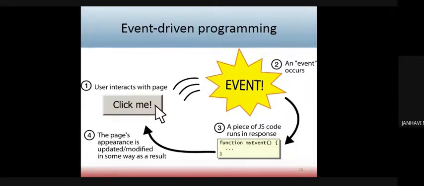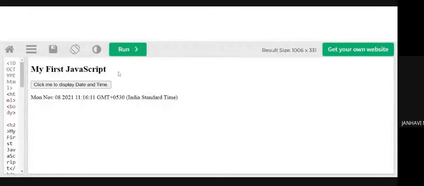Coming back over here, previously this is the view, and right now nothing is there. On that same page, when you click on the button, a time gets displayed, according to the functionality, and you get the particular output. So the same page gets modified.